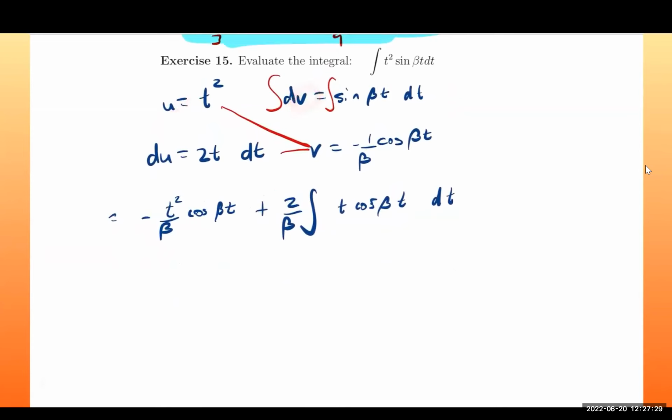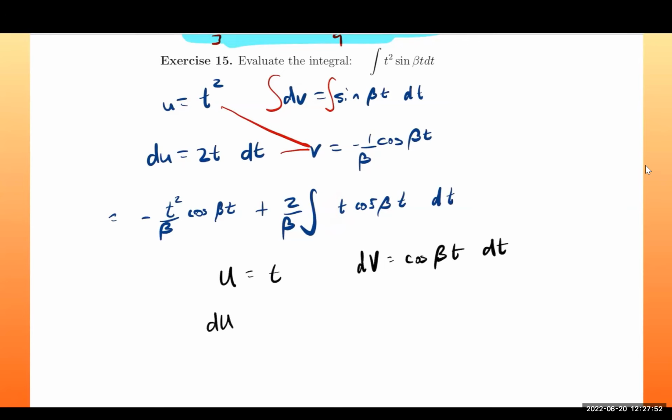Since I've already used u and v, I'm going to change my variables to be capital U and capital dV. So U is going to be t because that's the algebraic expression. dV is going to be the trig expression, and the differential always goes with the dV.